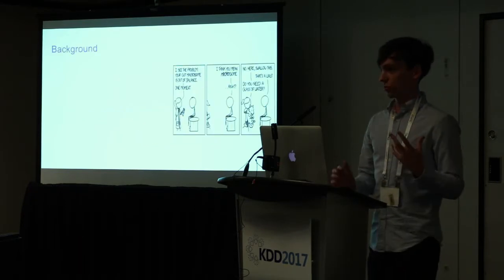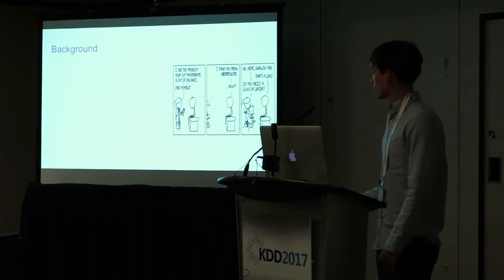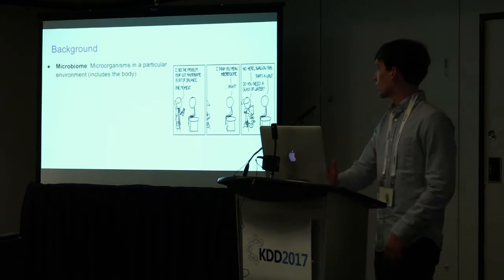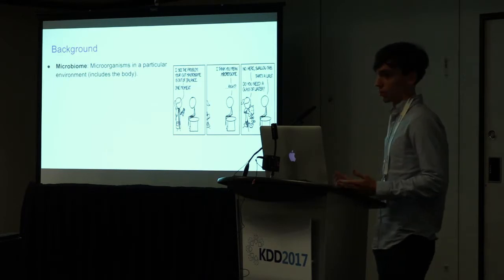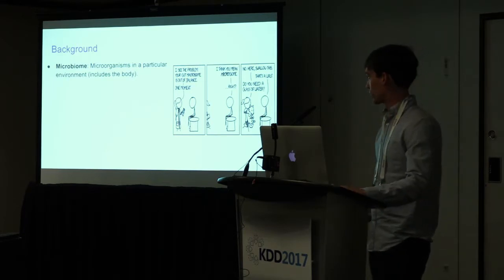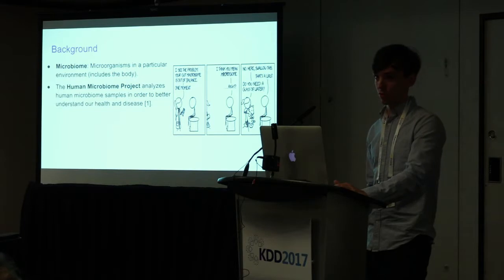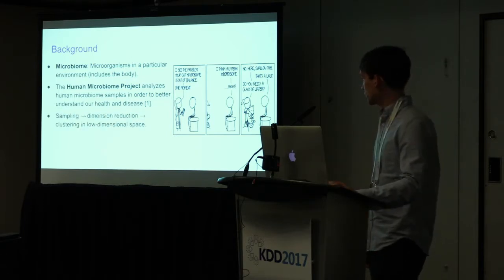Before we get into what the algorithm is and what the results were, I just want to define what exactly a microbiome is. A microbiome constitutes microorganisms in a particular environment, and in our case, we focus on the body. The Human Microbiome Project is dedicated to analyzing microbiome samples in order to better understand human health and disease.